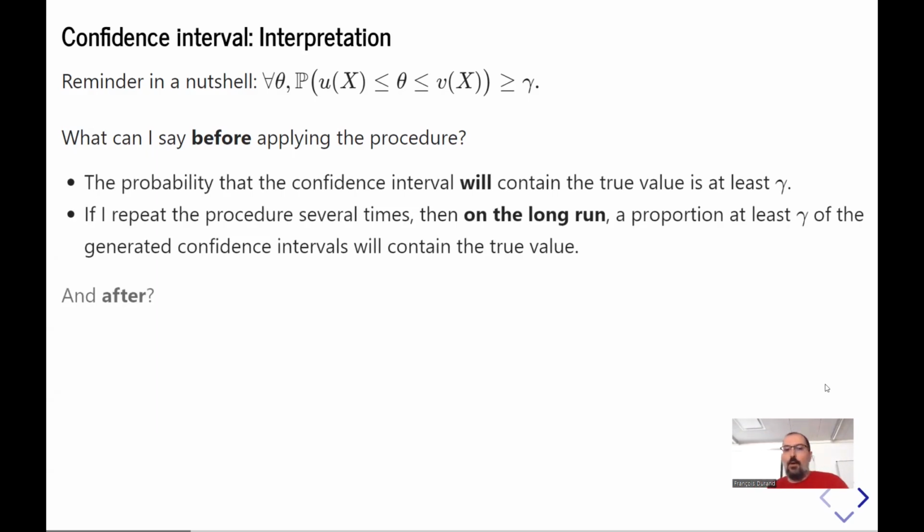Okay, and now after. So now you have drawn your X, you have done the procedure, and in terms of interpretation, what can you say? So you have your confidence interval at 95%, for example. What can you say about the results you have? Which information did you gain?